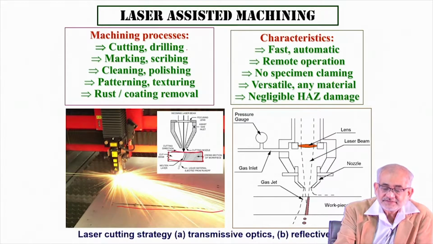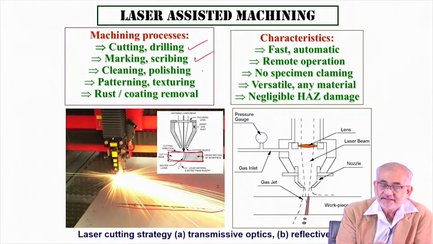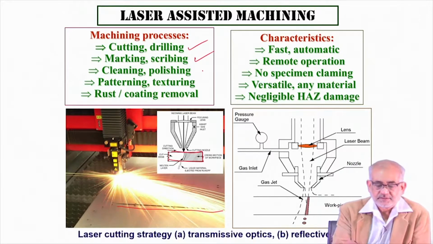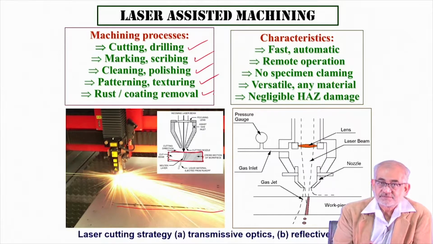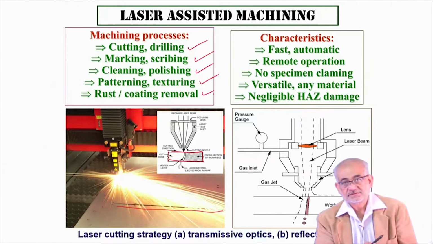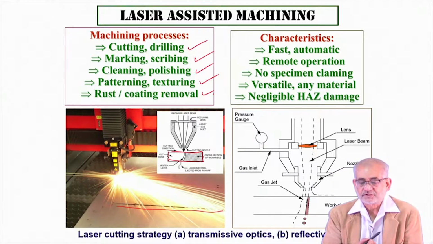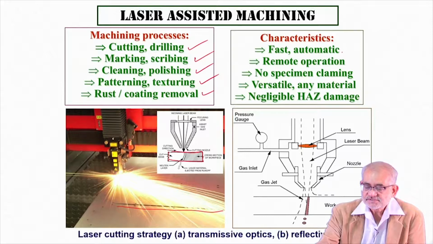By machining, we mean cutting and drilling, marking or scribing. You can etch out a name or a design, or cut exactly according to the design. You can do cleaning and polishing, removal of controlled depth of material. You can do patterning or texturing, and you can also remove unwanted patina or certain layers from the surface. The process is desirable because it is very fast and completely automated.